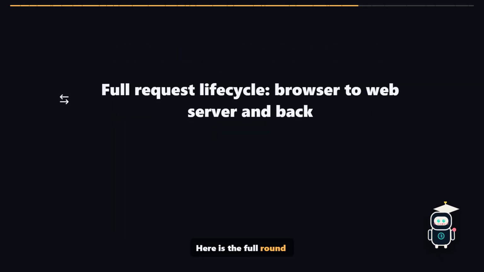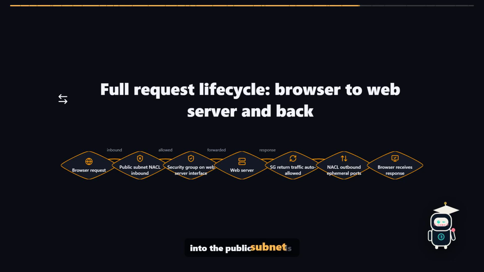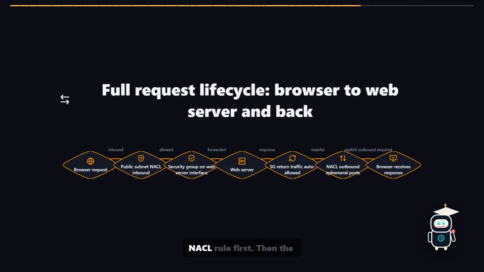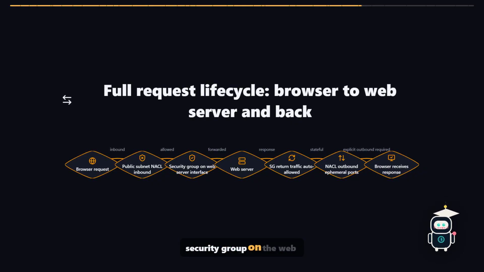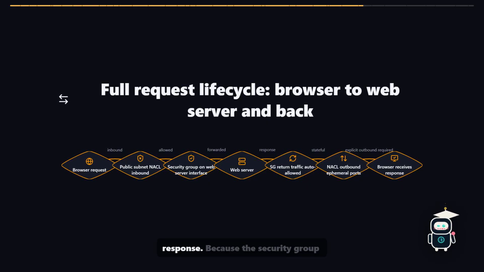Here is the full round trip. A browser request crossing into the public subnet is evaluated by that subnet's inbound NACL rule first. Then, the security group on the web server's network interface decides whether the request can reach the application. The server sends a response.